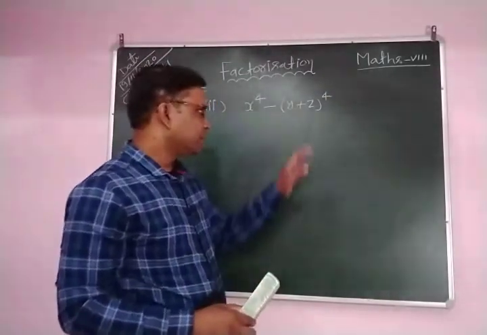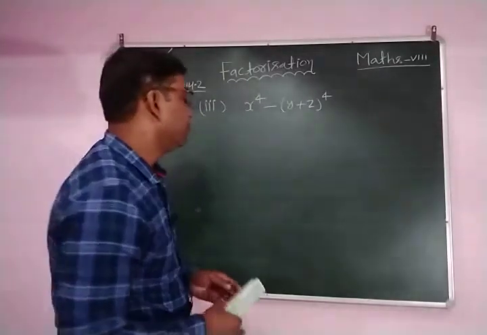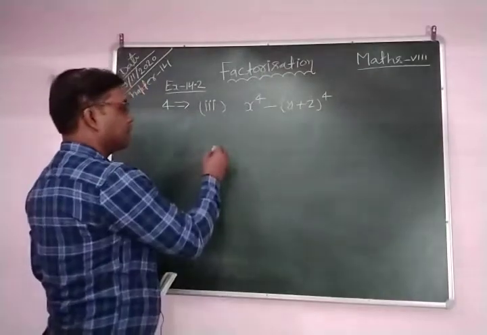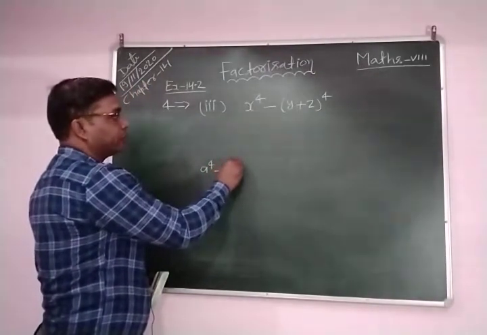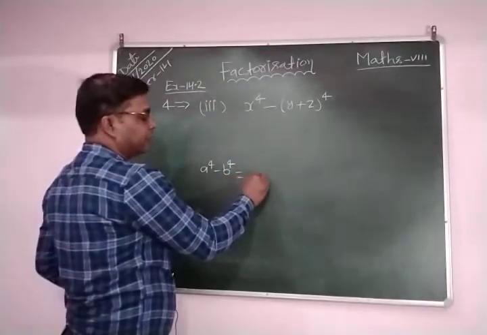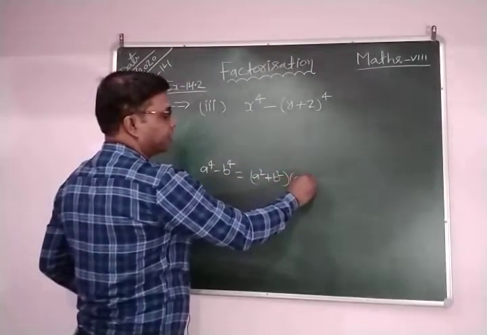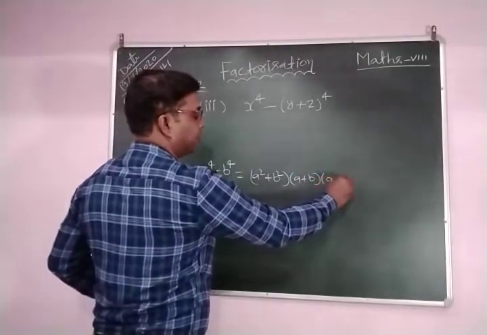So first we take y plus z power 4. But as you know very well, in the first part you can find the factors of a power 4 minus b power 4. This is equal to what? a square plus b square into a plus b into a minus b.